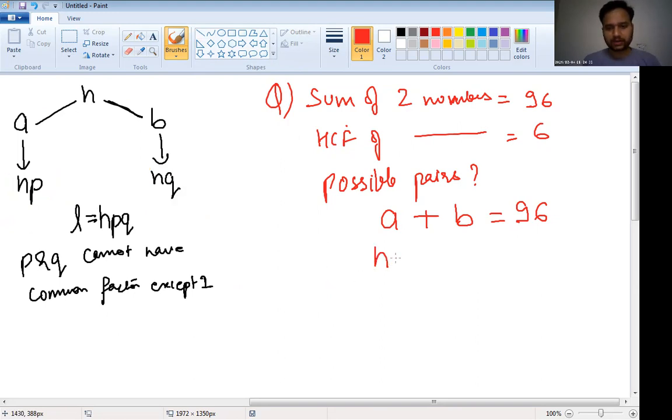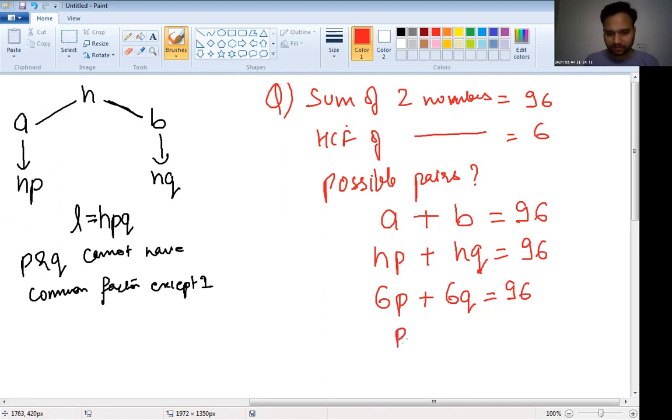So we can write HP plus HQ is equal to 96, where the value of H we have been given as 6. तो यहाँ पे H की वैल्यू 6 है, that means 6P plus 6Q will be equal to 96. P plus Q will be equal to 96 by 6, that is 16.